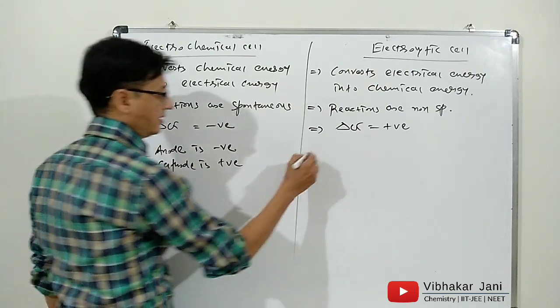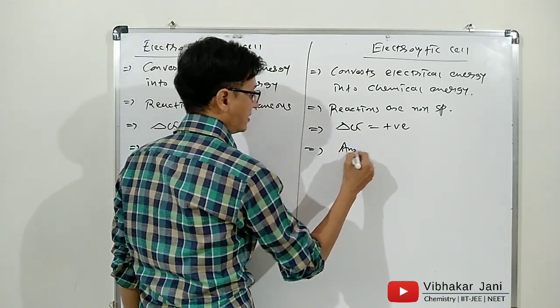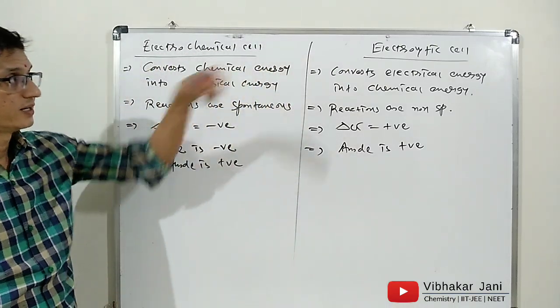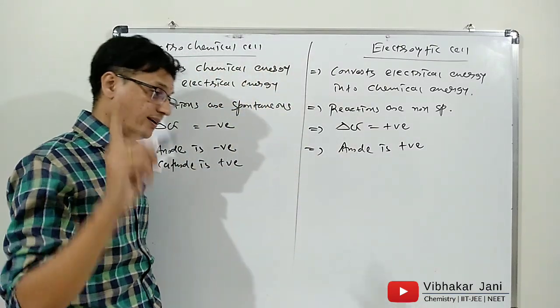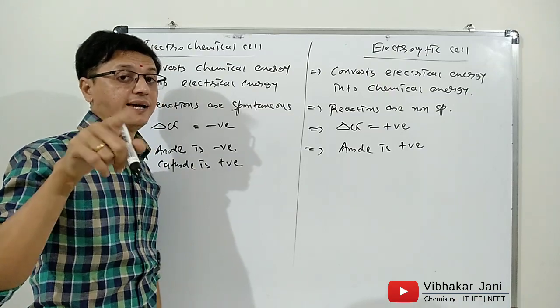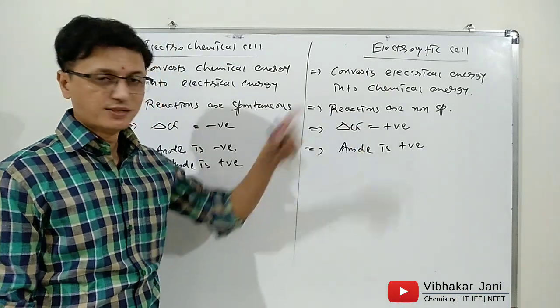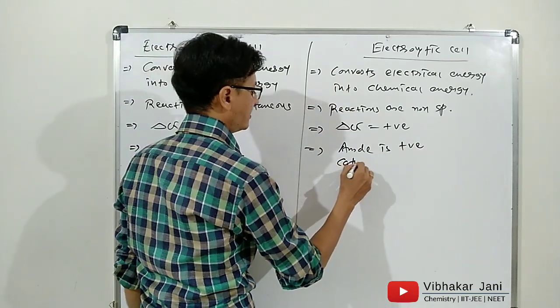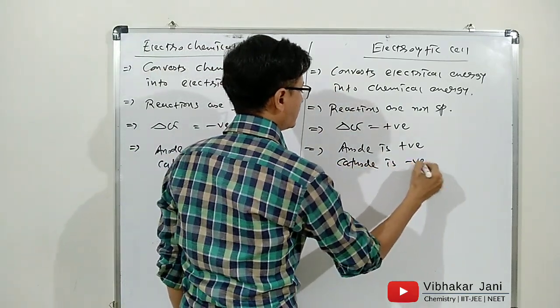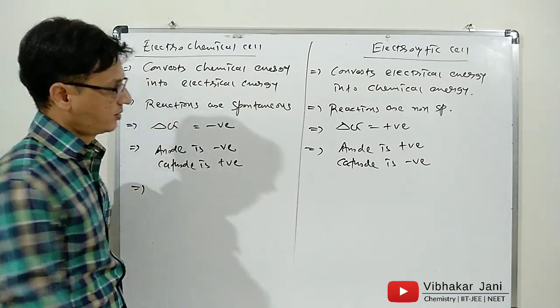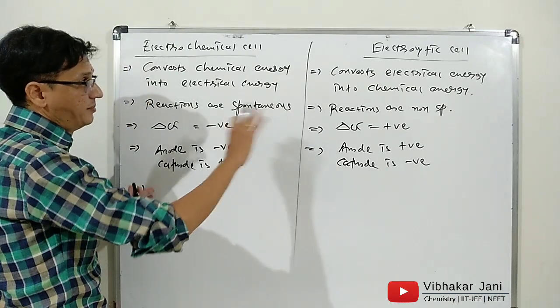But on the other hand, anode is the positive electrode in electrolytic cell. You have already learned about electrolytic cells like the voltaic cell. In that cell, anode is positive and cathode is negative.